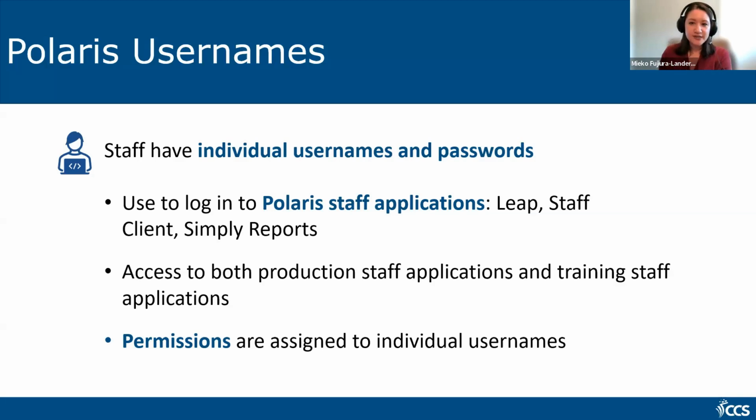And then permissions are assigned to usernames. So like all staff have general permissions, and then we're able to assign staff to say like a cataloging permission group if you need permissions to edit or to delete item records. Or I can assign permissions to give access to something like running a patron report in Simply Reports.